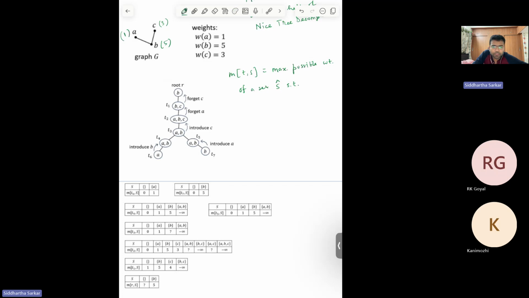I'll write down, then I'll explain. Such that S is a subset of S cap, which is a subset of VT. VT is something I will define. And S cap intersection XT is S, and S cap is independent. There are three parts to it. We will disassemble the three parts and understand each of them.